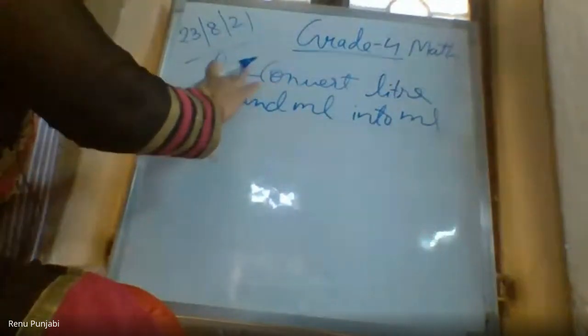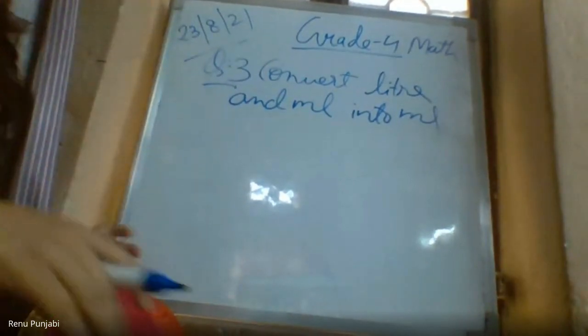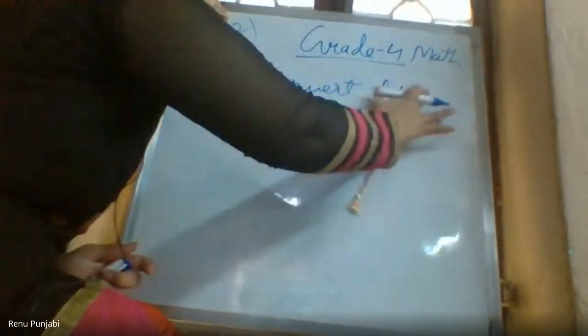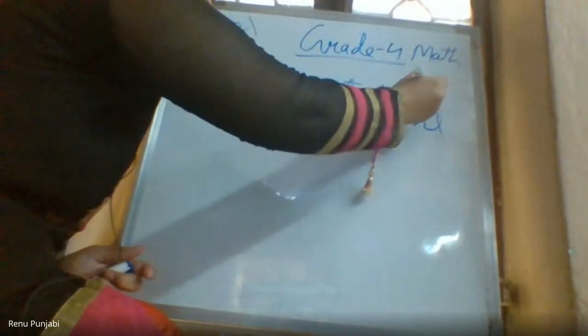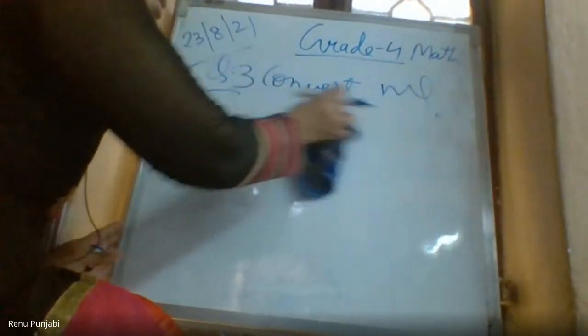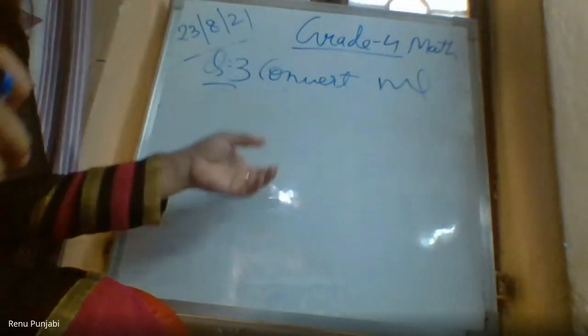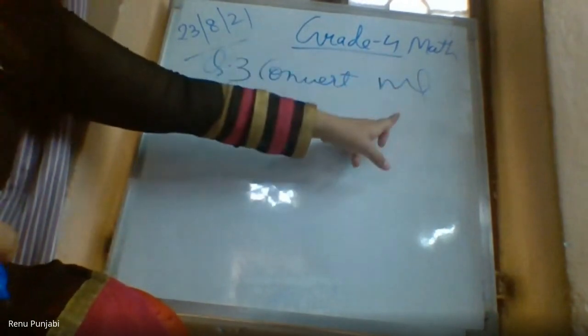Write the third situation. Convert milliliter into liter and milliliter. The short form of liter is L, the short form of milliliter is ml.